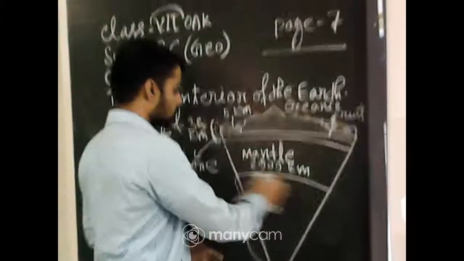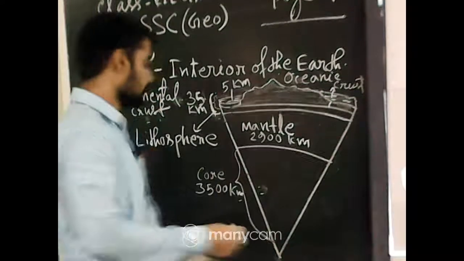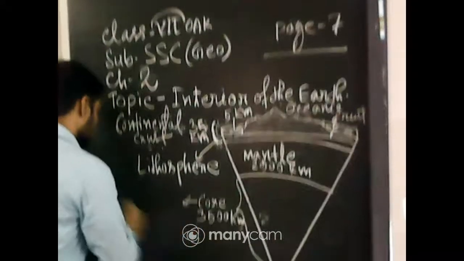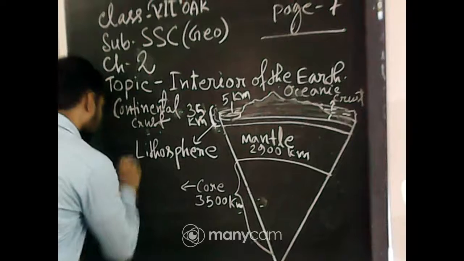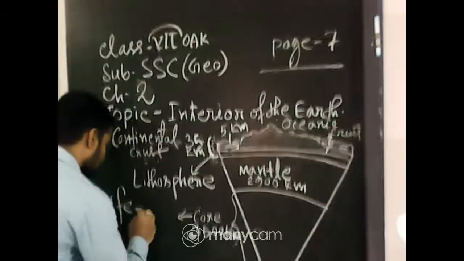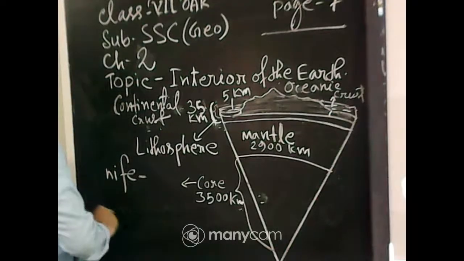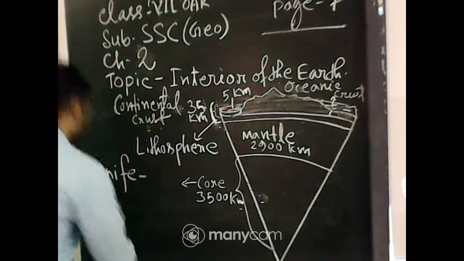And what is the main mineral? The main mineral of the core is Nife. Ni means nickel and Fe means ferrous, iron.